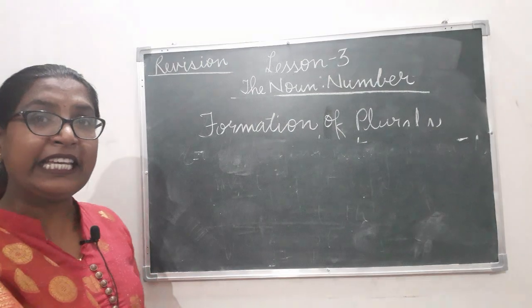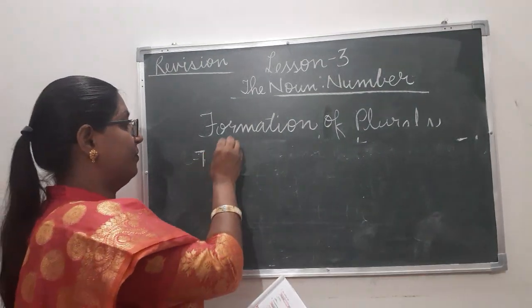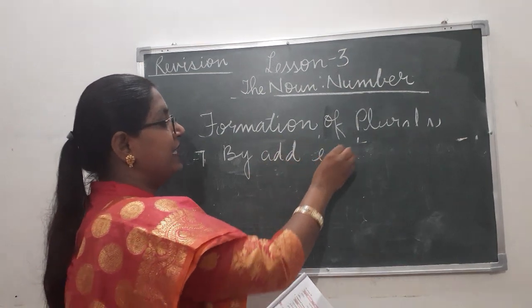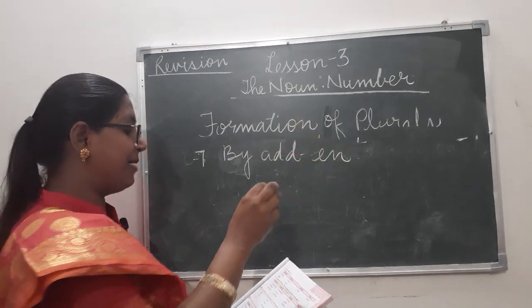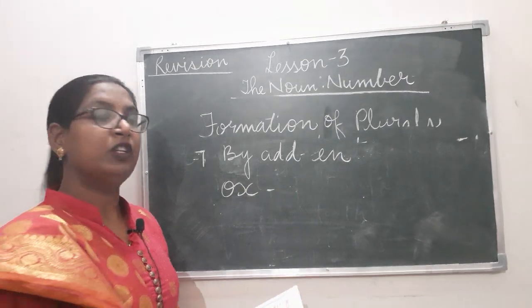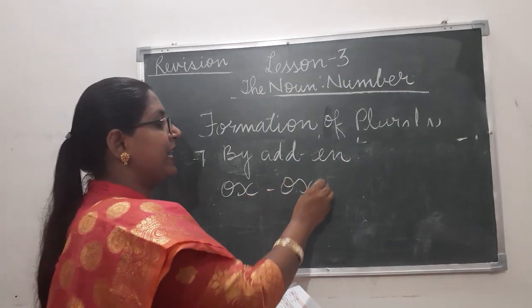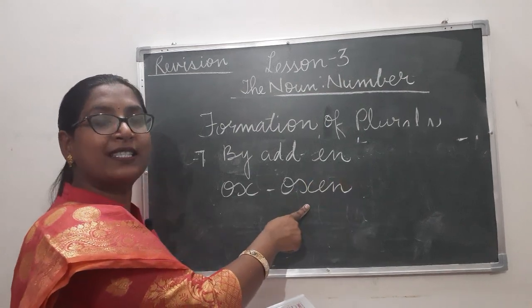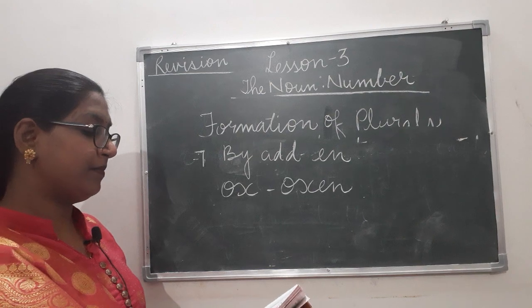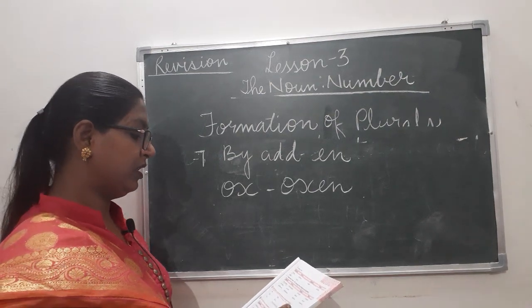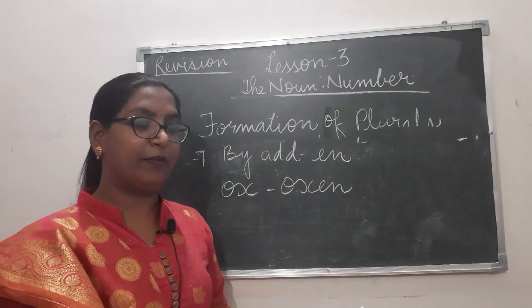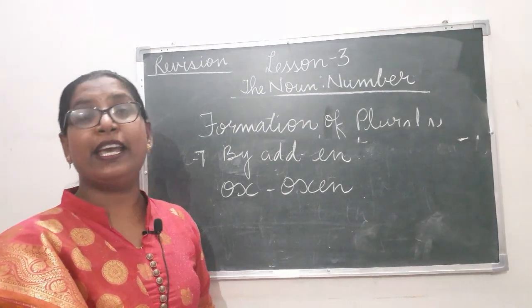By adding en with the words. For example, ox. We add en with it to make it plural, oxen. The next is, some of the letters, figures and abbreviations are made plural by adding s.